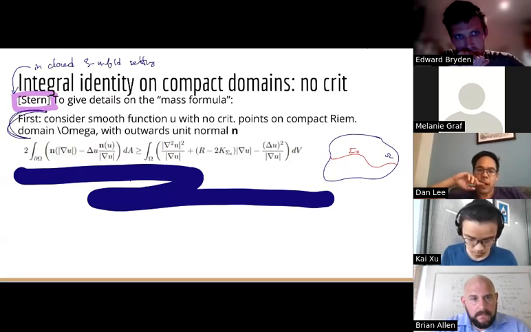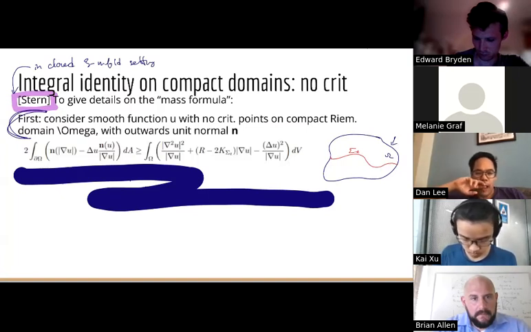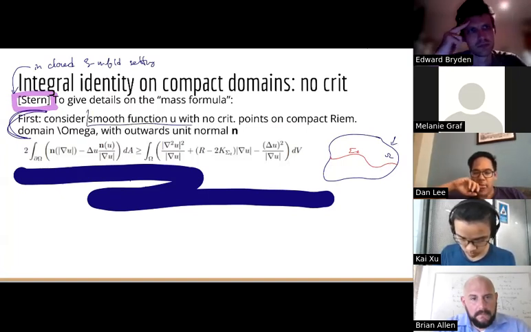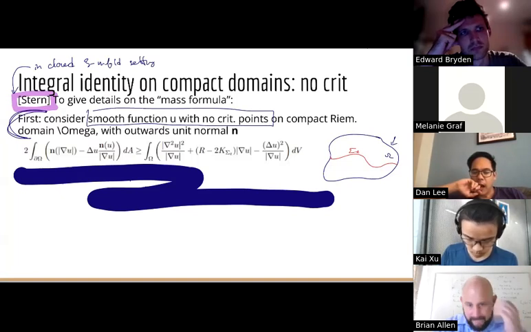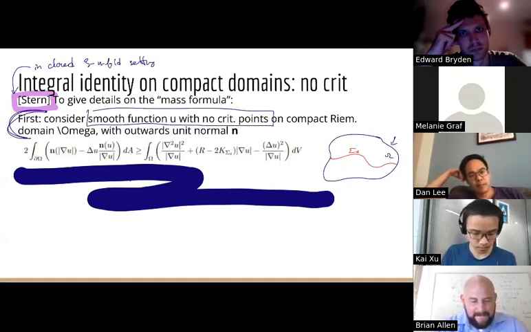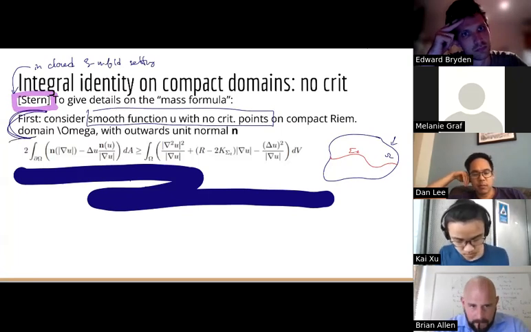To gear up, let's first look at a compact Riemannian manifold, omega, and it has some boundary. Suppose I have some nice smooth function u with no critical points, and I would like to compute some interesting formula. The following is an identity that literally holds in this setting: when you have a compact region omega and a smooth function u with no critical points, then this is literally true.